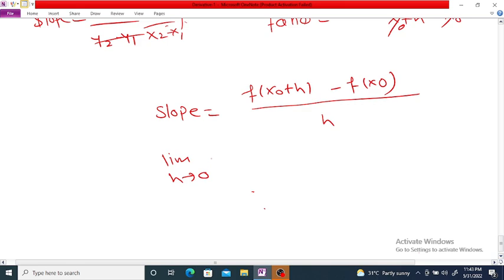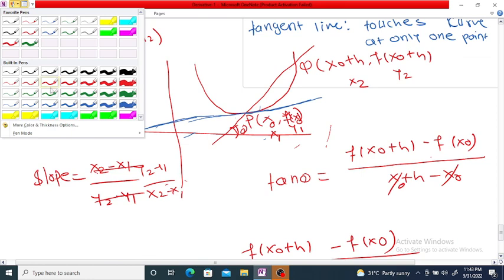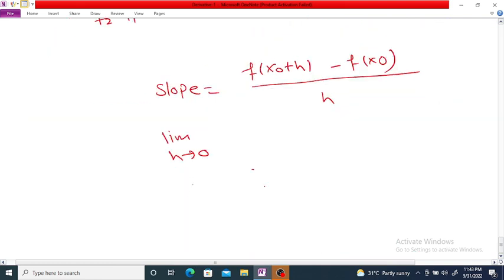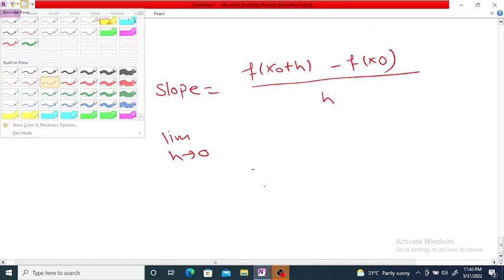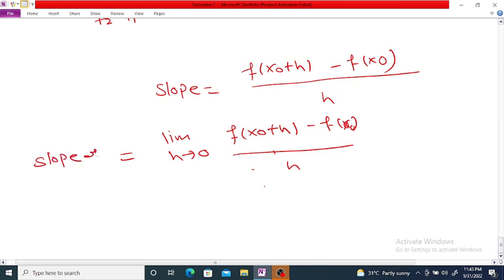As h tends to 0, this Q approaches the point P. So the slope of the tangent line is equal to the limit of f of x0 plus h minus f of x0 divided by h. So this is the slope of the tangent line.